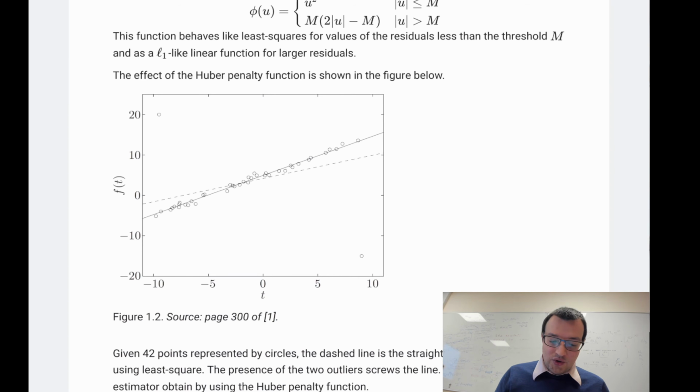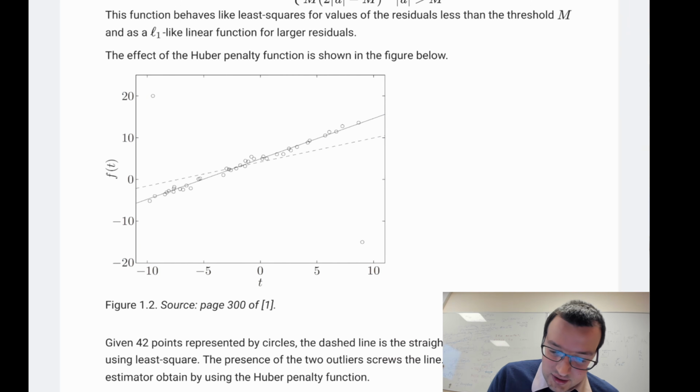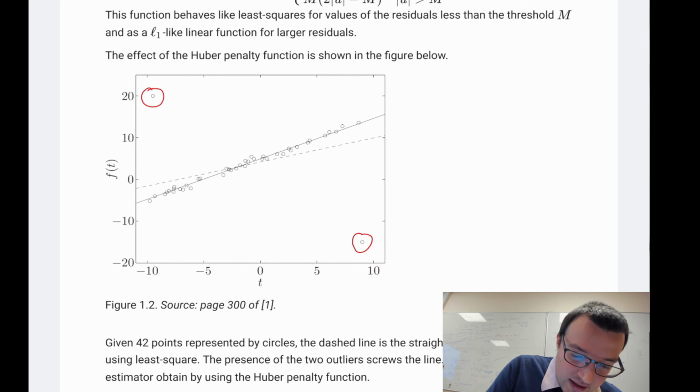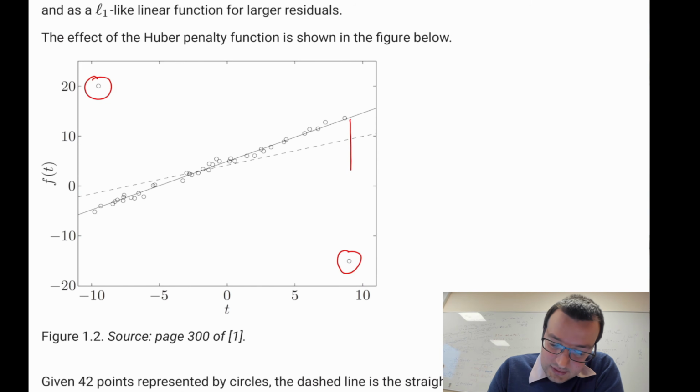Here you have 42 points, and what you want to find is a line that goes through the points. Now, you can imagine that these are measurements, and you have two measurements which are very, very far away. And here, if you look at the residual, you see that this residual is very large.